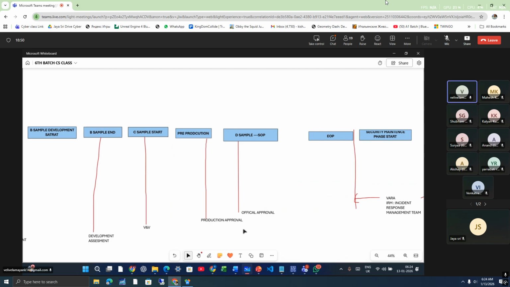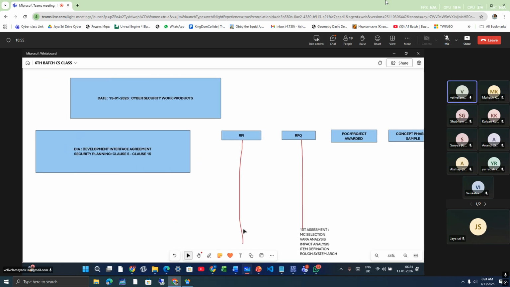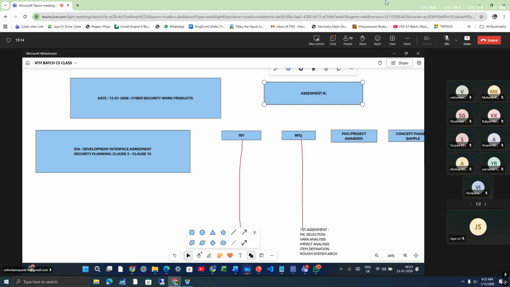That is the reason in the work product selection time, if I say class 5 to class 15, in the planning you need to show your assessor almost all the points whatever we mentioned here. 6 assessments. Who is responsible? Assessment responsible, which role? Manager only. If your group doesn't have a manager, I need to play that role.